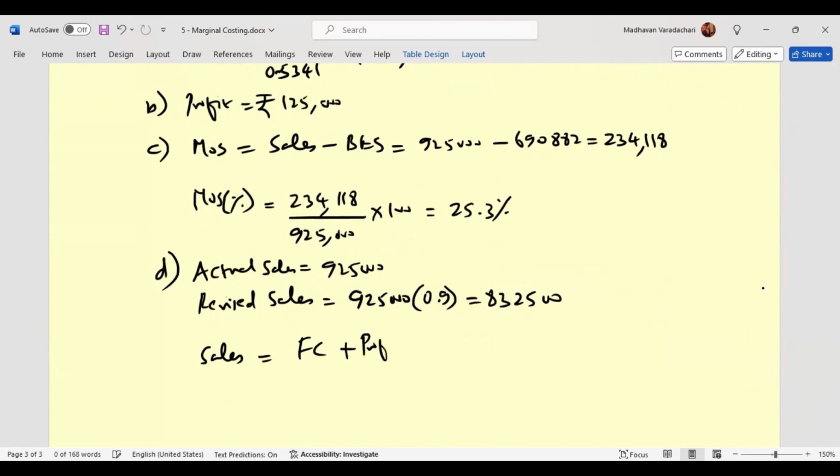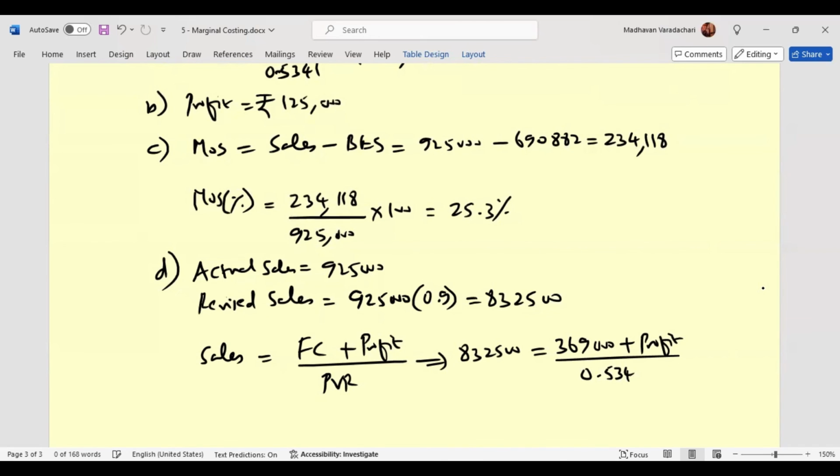Now we have sales is equal to fixed cost plus profit divided by PV ratio. So which means 832,500 equal to fixed cost, which is 369,000, plus profit, divided by PV ratio. We know it is 0.5341.